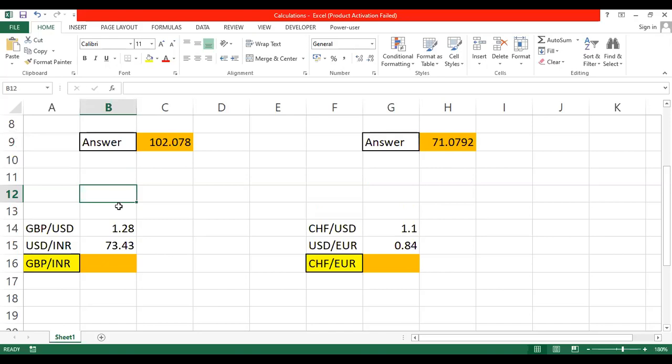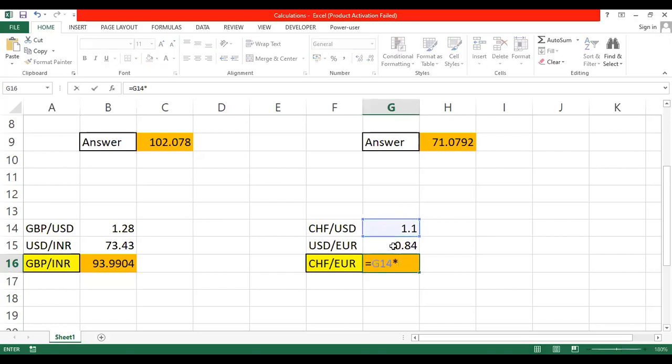So what we usually do is take the exchange rate of these two pairs, GBP USD and USD INR, and then like we used to do in our schools, just multiply them and get the answer. And again, the same thing here as well.